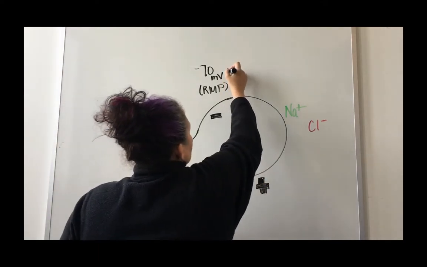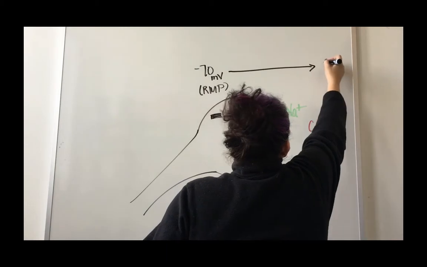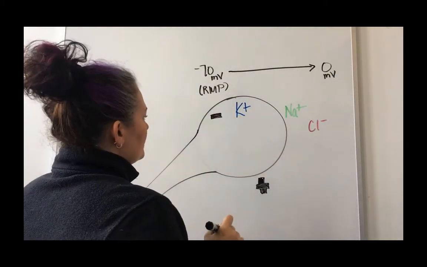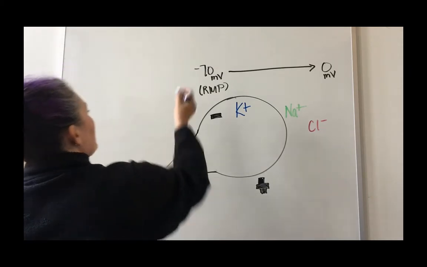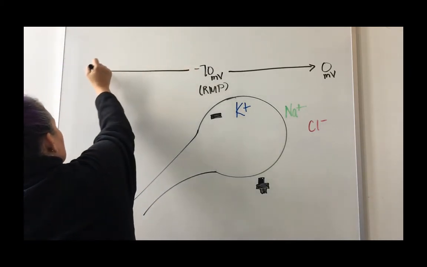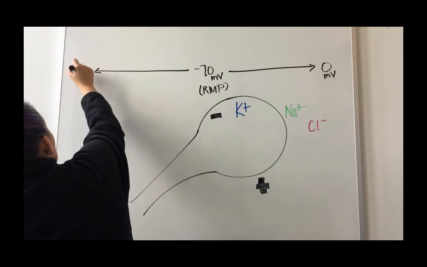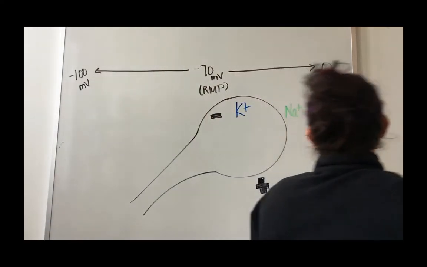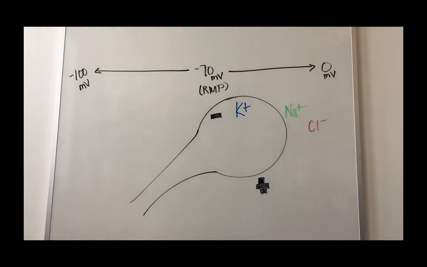This potential can change. It can go closer to zero. Zero would mean that there is no potential, that the two sides match, or the difference between them can get even bigger, and we can go closer to negative 100 millivolts.